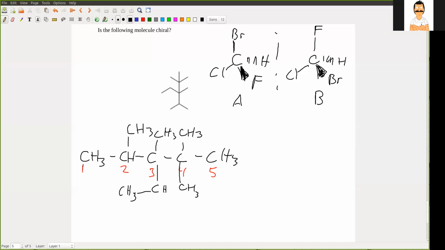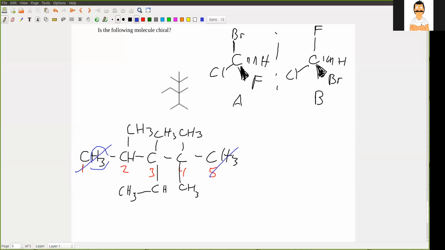So let's look at each of the carbons specifically. Now, carbon 1 has 2 different things attached to it. It has a hydrogen. There are 3 hydrogens, but they're all chemically the same. And then you have the rest of the big group. So carbon 1 is definitely not chiral. And the same goes with carbon 5.